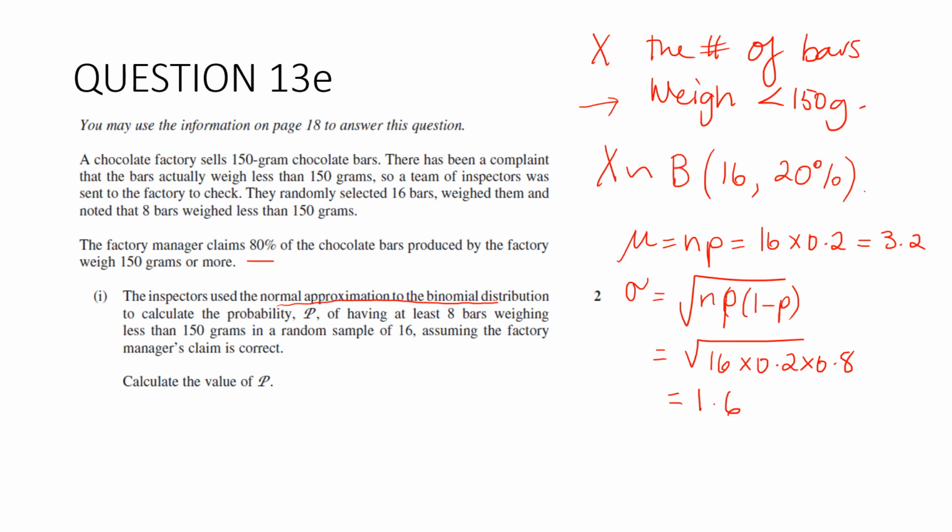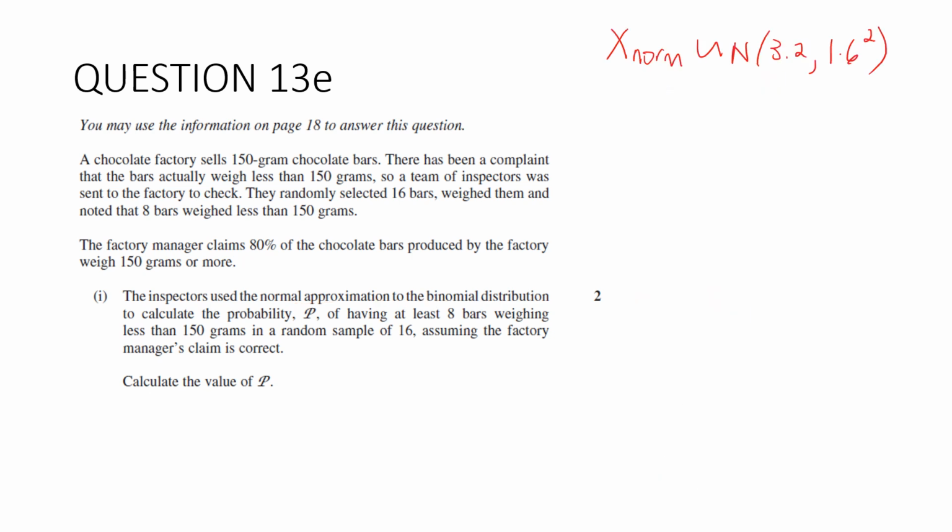So we have that X normal is normally distributed with mean 3.2 and standard deviation 1.6, so variance is 1.6 squared.